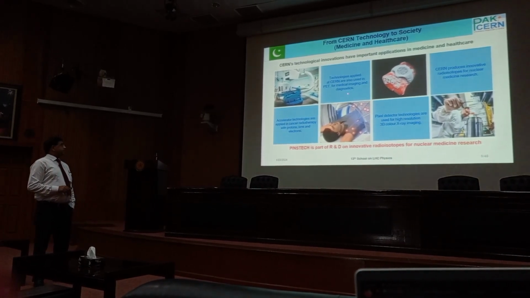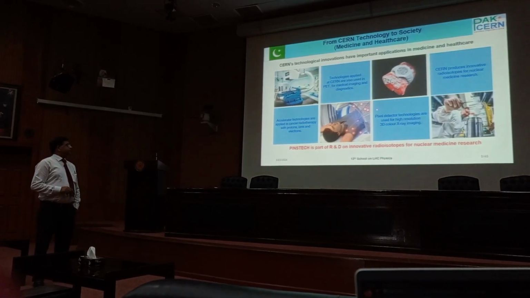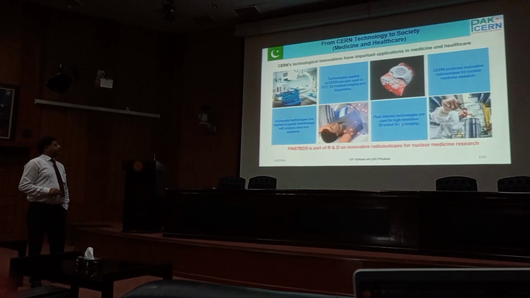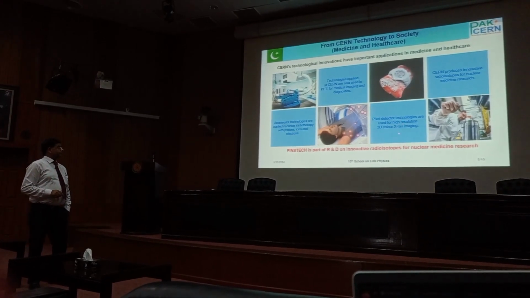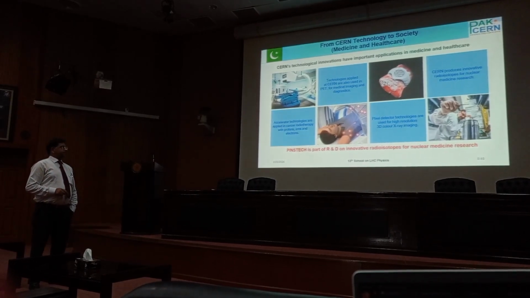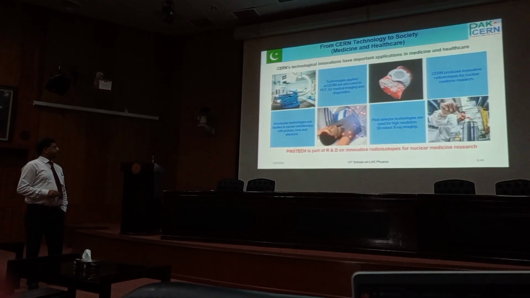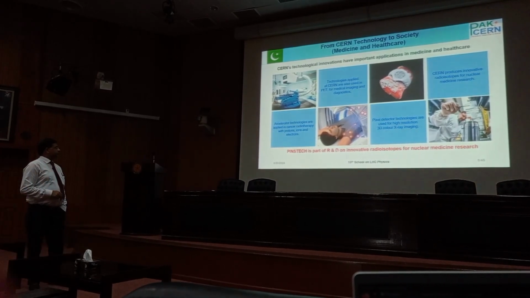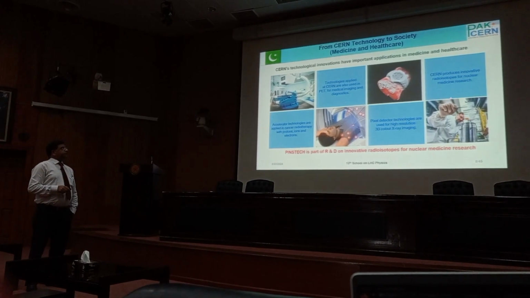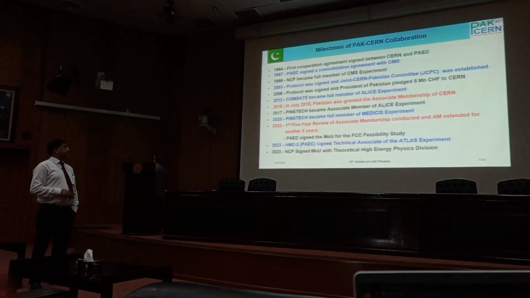PET technology from CERN is used for medical imaging and diagnostics. Pixel detection techniques are used for high resolution 3D X-ray imaging. And CERN produces innovative radioisotopes for nuclear medicine and research. The Pakistan Institute of Nuclear Science and Technology is at the moment contributing in this area, which I will talk about a little at the end.